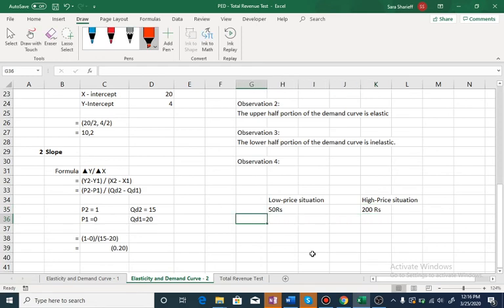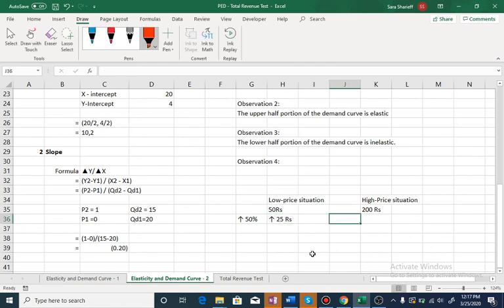Now, let's say prices increase by 50%. In the low price case, prices have gone up by how much? 25 rupees, right?